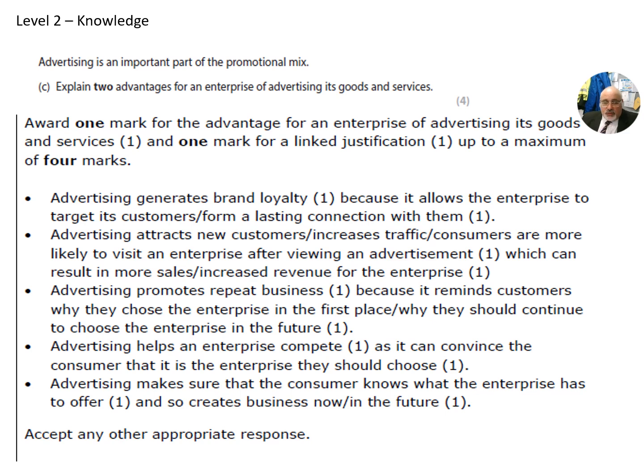Advertising attracts new customers or increases traffic, or consumers are more likely to visit an enterprise after viewing an advertisement. So any one of them would get you 1 mark. There's your connective where it says which can result in more sales or increased revenue for the enterprise. So by linking the advantage to what happens because of the advantage, you will get the 2 marks.